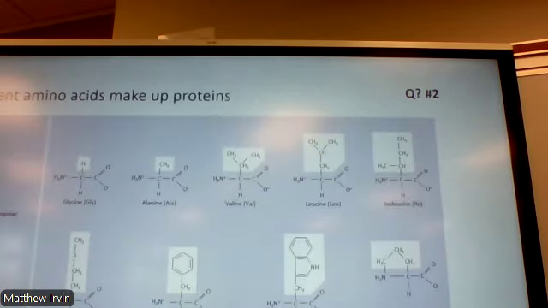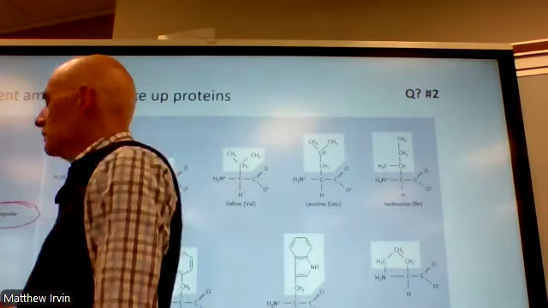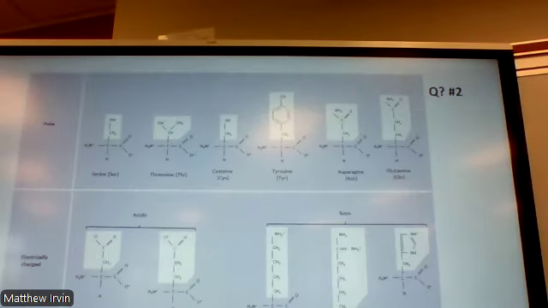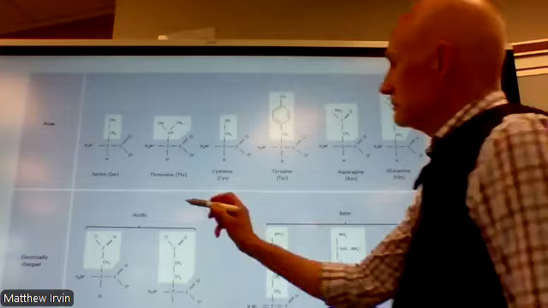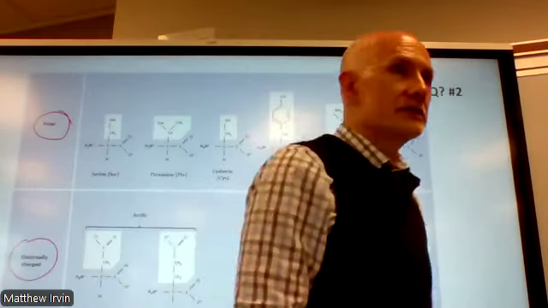Because proteins have different kinds of amino acids. So we have non-polar amino acids. We also have polar amino acids. And we have electrically charged amino acids.